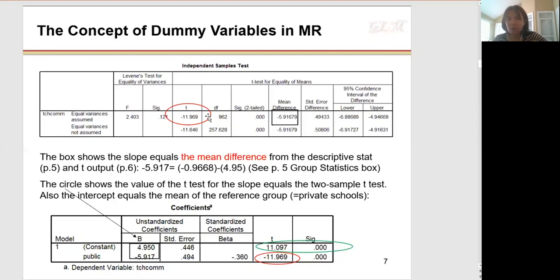Well, for this moment, it's okay. Even if you don't understand the 68, 95, and 99.7% rule right now, what you need to know is that the t of minus 11.969 is larger in absolute value than 1.96, which is similar to 2.